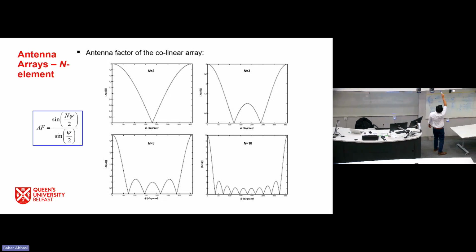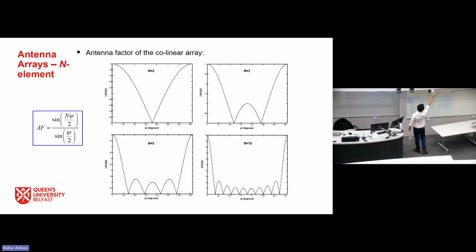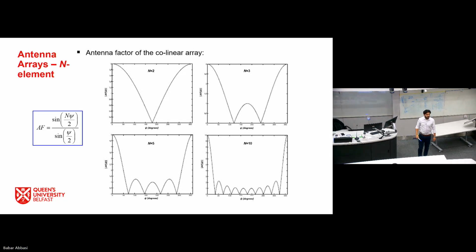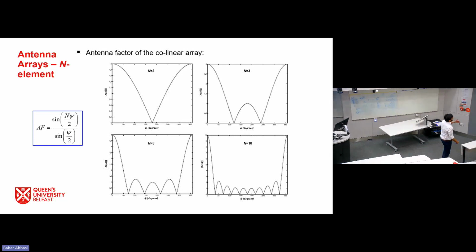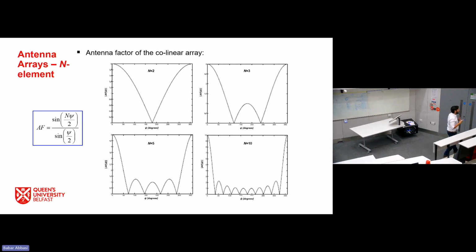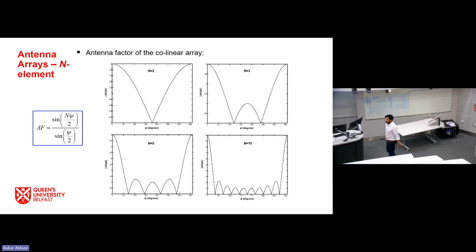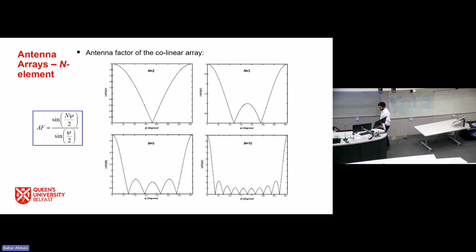And here the maximum can be 10, but I'm getting too many nulls. So increasing the number of antenna elements will actually throw more energy in one direction, but it will make our useful area of directivity as small as it can be.